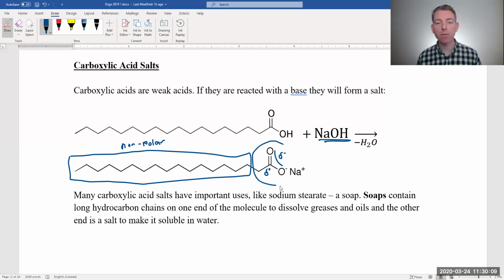But the head group over here is polar and is quite soluble in water. So where we have a hydrophobic tail, hydrophobic meaning it's not soluble, it doesn't like water. And of course, on the other side, we have a hydrophilic head group.